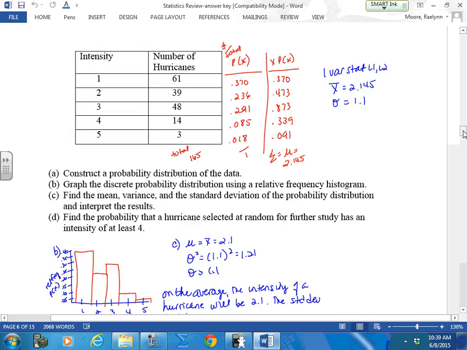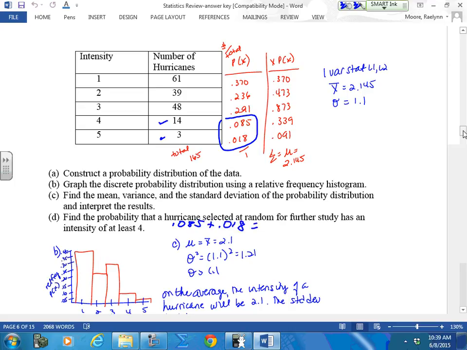Find the probability that a hurricane selected at random, if I pull up a random hurricane, has an intensity of at least 4. That means it could have 4 or it could have 5. So I've already calculated my probabilities for both. Just add them together: 0.085 plus 0.018.